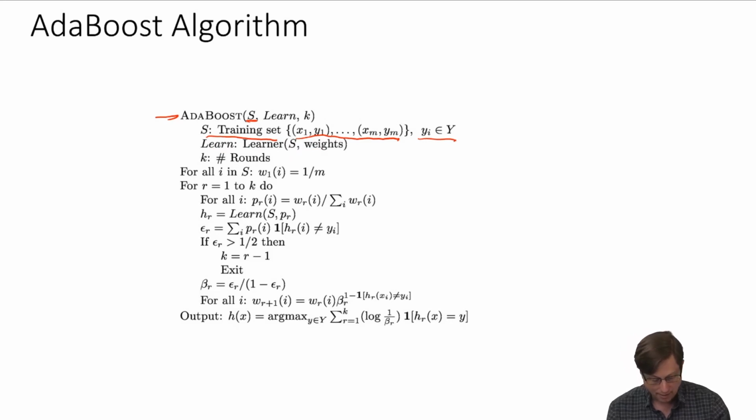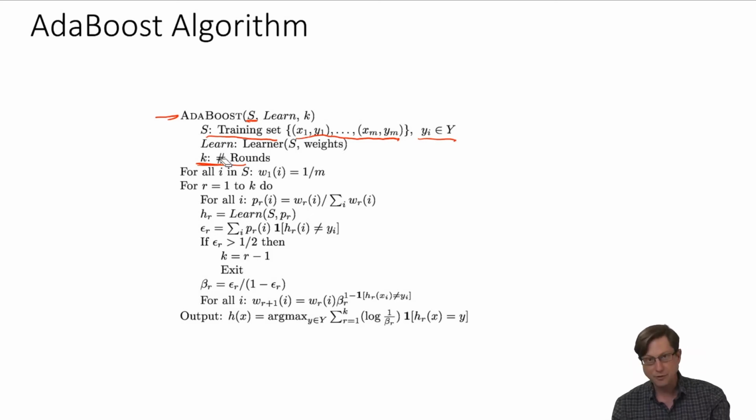And then Adaboost takes K, or a number of rounds. And again, that is a hyperparameter you can tune, or you can pass in a validation set and say, continue learning additional rounds until you converge on the validation set, or the validation loss stops going down, something along those lines.